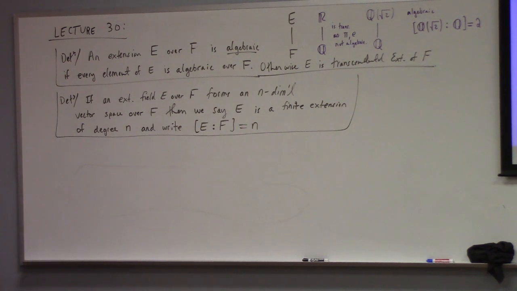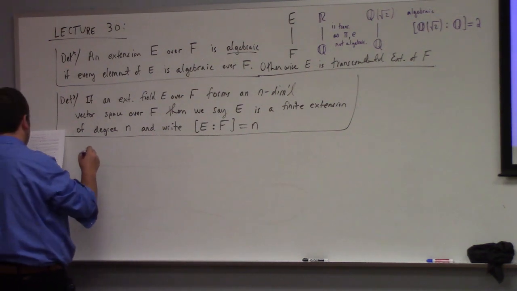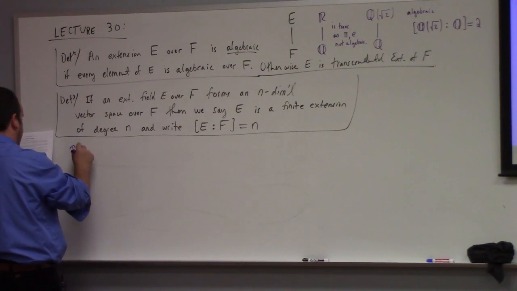I'm claiming that, not proving it. So that makes the reals a transcendental extension of the rationals, which means, by the way, that it's infinite dimensional as a vector space over Q, although that's not clear, perhaps, until we prove the next theorem. So here's the theorem, which will clear everything up, I think.